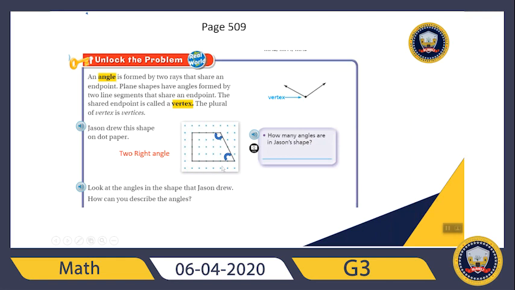Well, to answer this question, we have to look at the other part. It says, look at the angles in the shape that Jason drew. How can you describe the angles? Well, here there are two right angles.